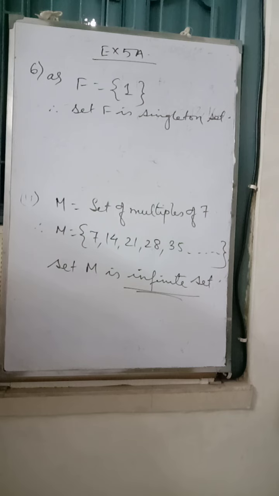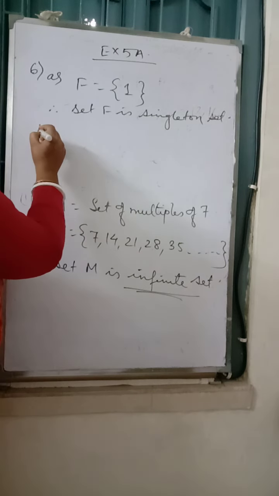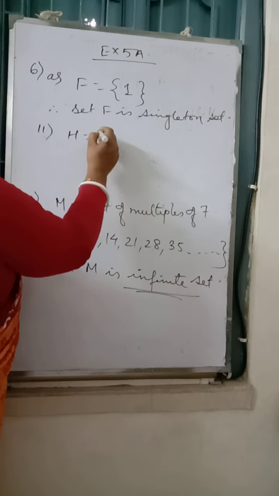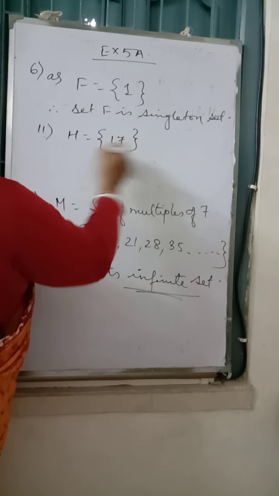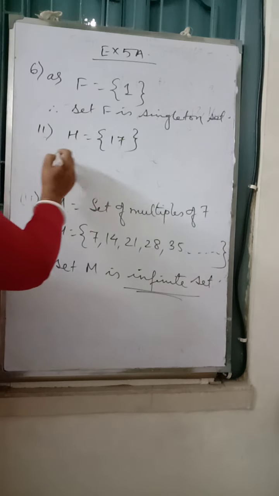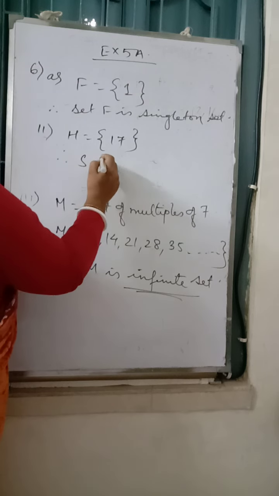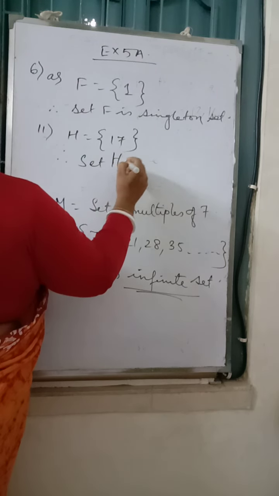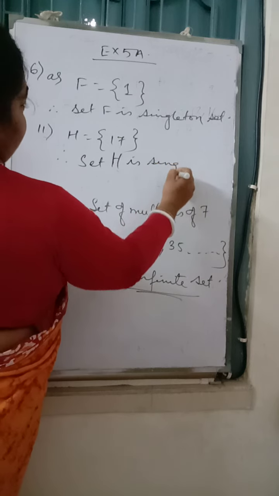Now number 2, it says H is x, where x is a prime number between 13 and 19. So H is equal to, which is the prime number between 13 and 19? Only 17. So set H is a singleton set.